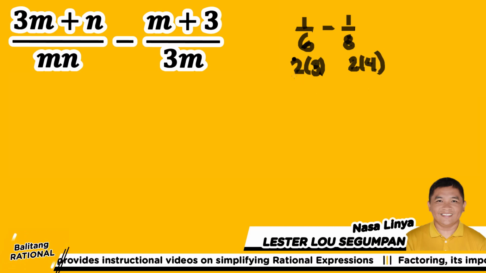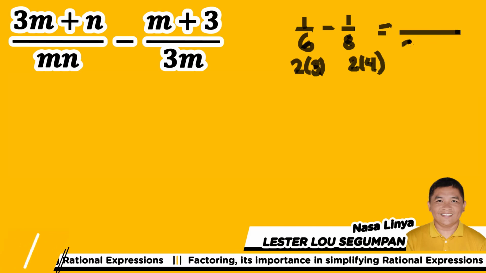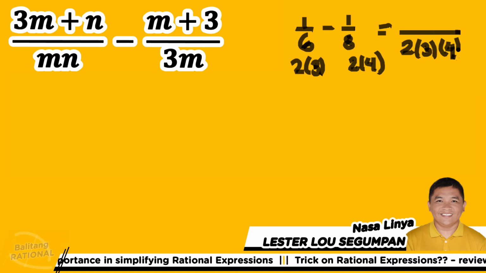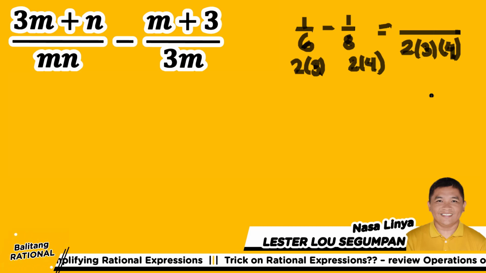So we already have 2 here, and we also have 2 here. So our LCD can be actually one of the two 2s, times 3 and times 4. When we multiply 2 times 3 times 4, we will get a result of 24. It is actually lower than 48.